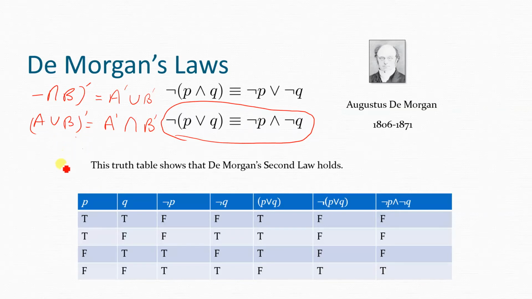You can see that if P or Q is true, then negation of P or Q is false, and so on: false, true, false, false, true.